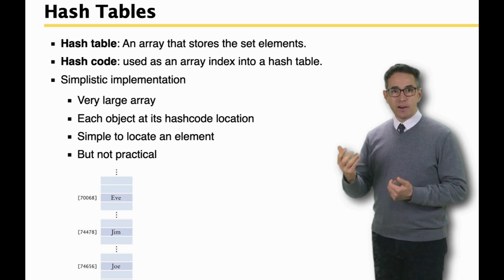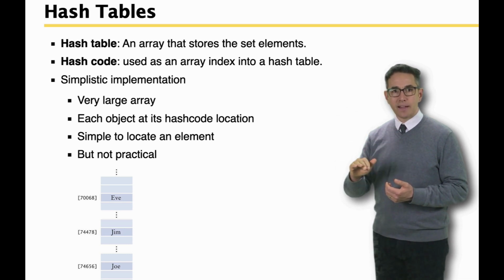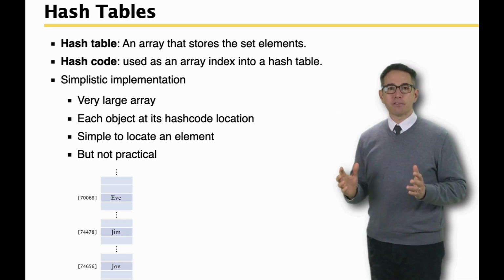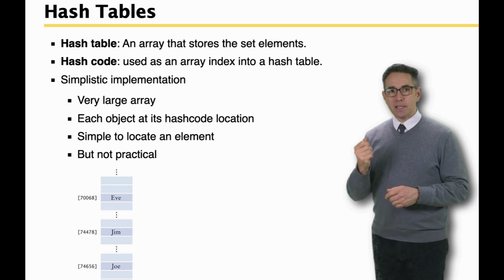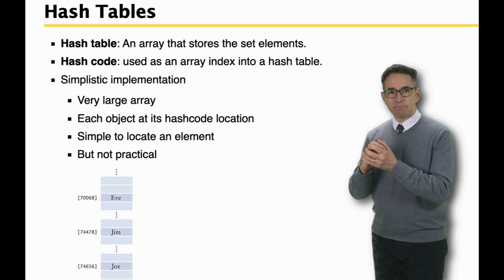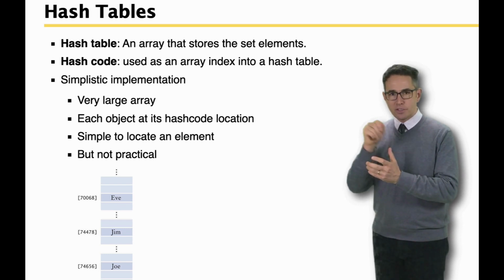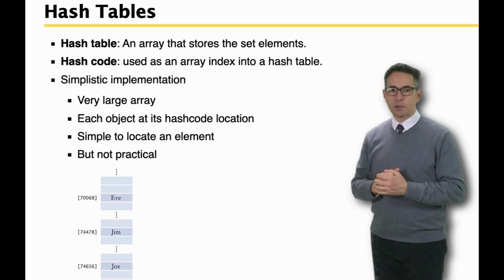In that way, it would be very easy to locate an element. If we want to know where it is, we hash it and we look in that location. It's like we have a bunch of mailboxes and we want to put a piece of mail into the mailbox, and we can do something to that envelope that'll give us the number that we're supposed to put this letter in. It's a very similar idea.